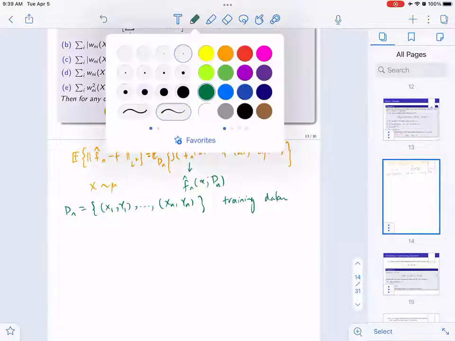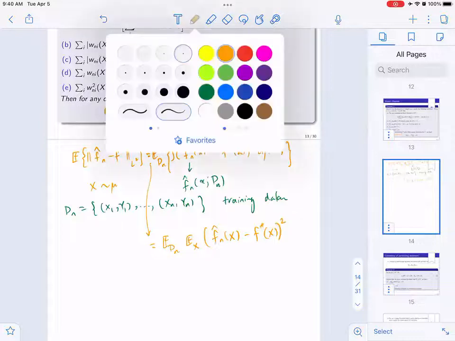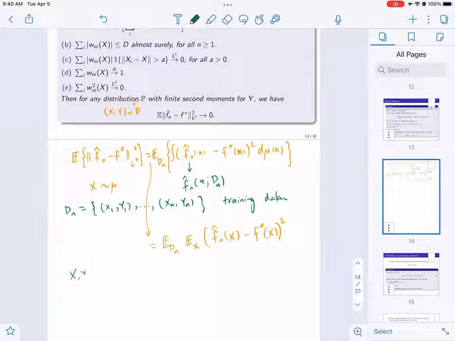Then this equality I can rewrite also as expectation under D_n, expectation under x of f hat n of x minus f star of x, where x is my test point. And the test point is another point from the distribution, which is independent of the training data.